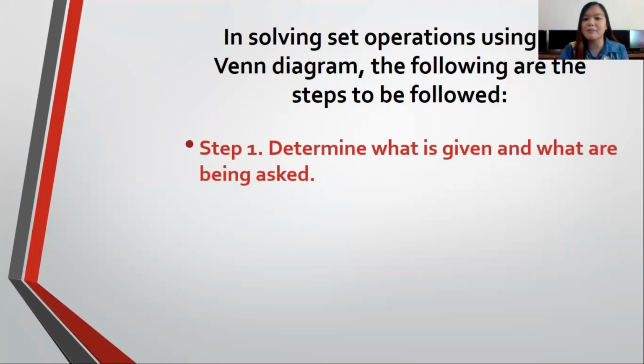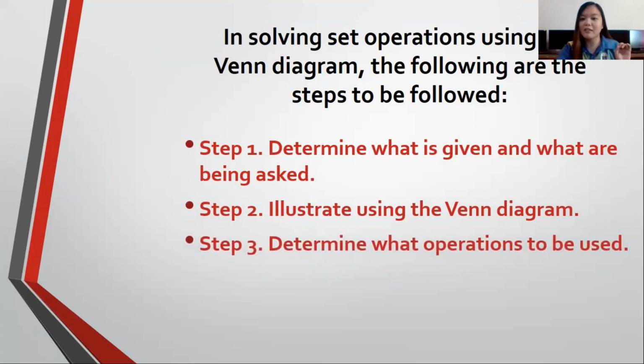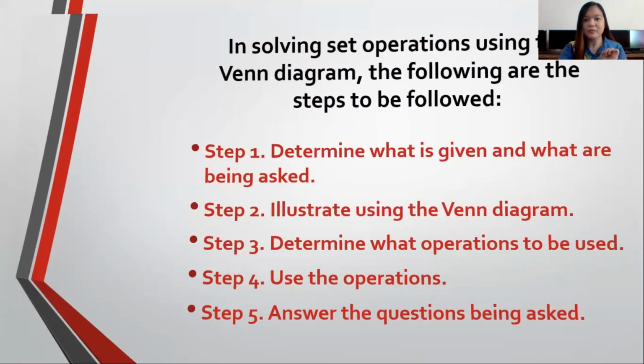So, the first step is to determine what is given and what are being asked. Then, illustrate using the Venn diagram. Then determine what operations to be used. And then, use the operations, solution, and then, step 5, answer the question or questions being asked. So, parang agonsa din siya, pero in this manner. So, yung 5 steps na nandyan.